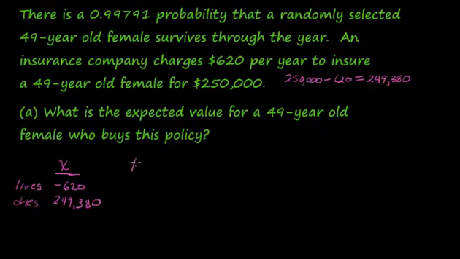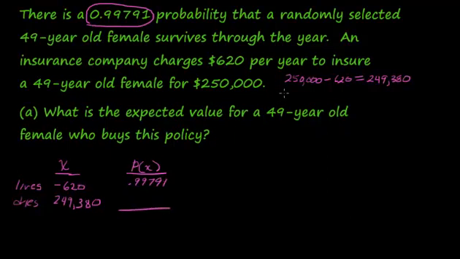All right, what's the probability of these two outcomes? Well, the probability that she lives, they gave us that. That's the probability that a 49-year-old female survives the year: 0.99791. So what's the probability that she doesn't survive?